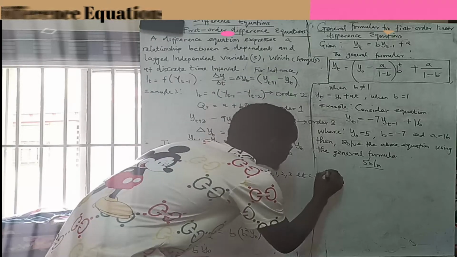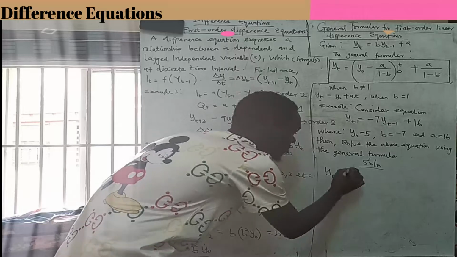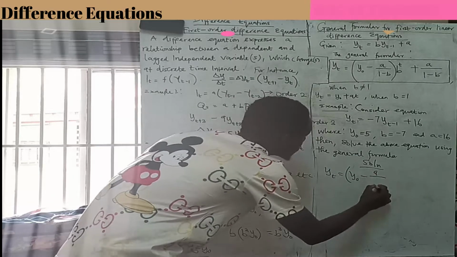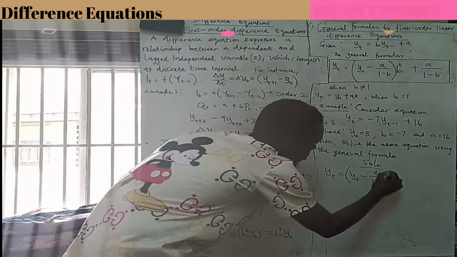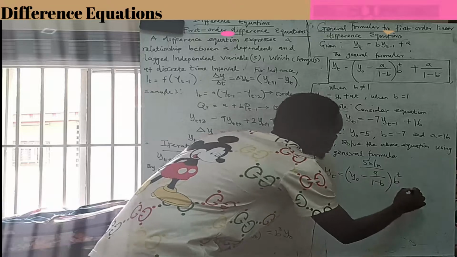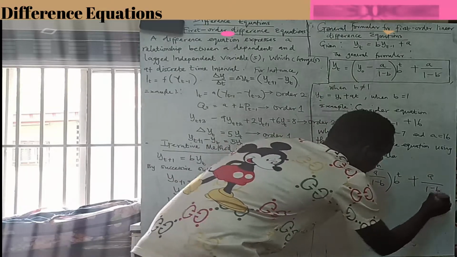All right. So by applying the formula, we have our general formula to this. So let's recall our general formula. Then b always to the power t plus 1.